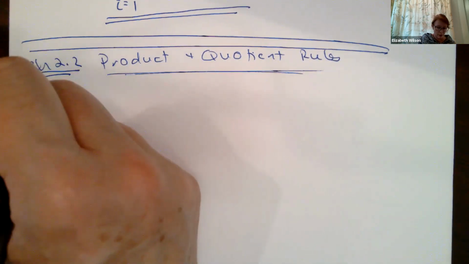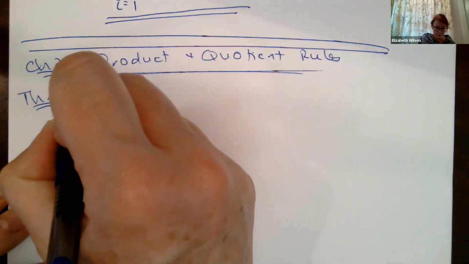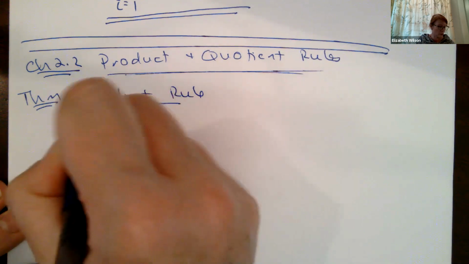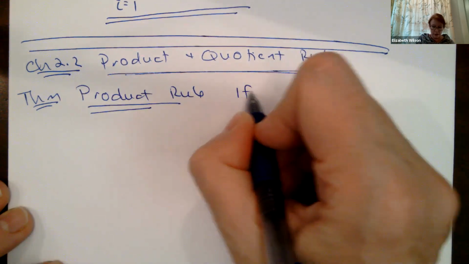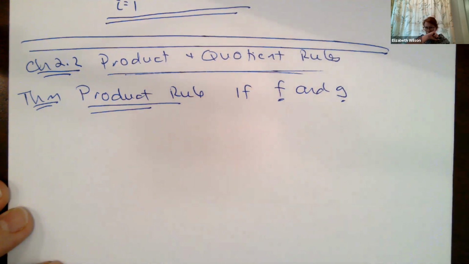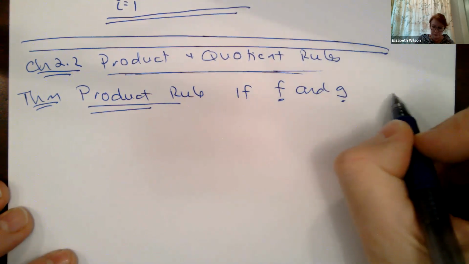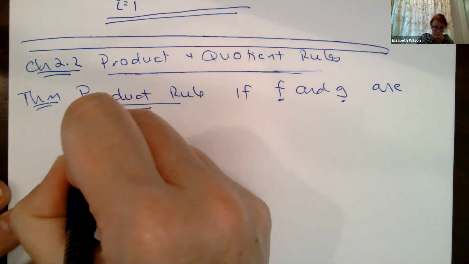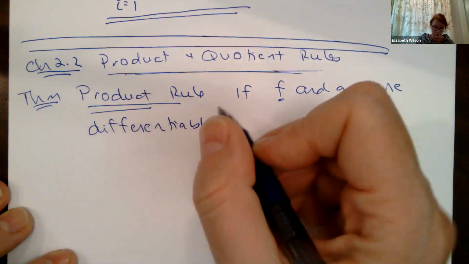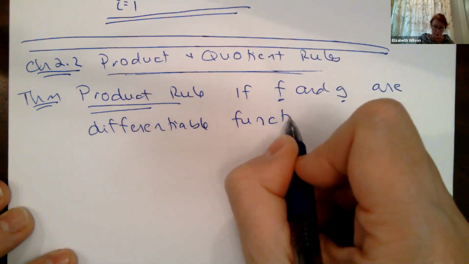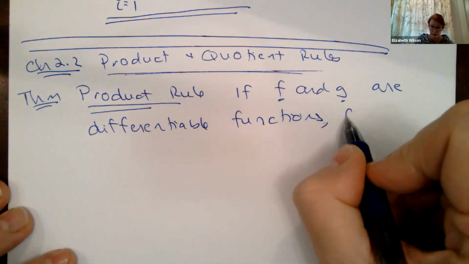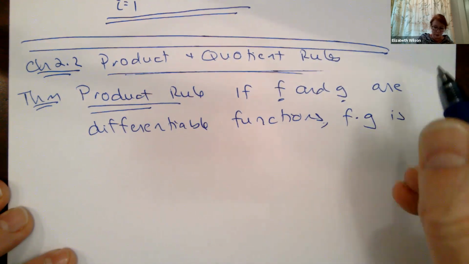Okay, so let's talk about our product rule first. So our product rule says if our functions f and g are differentiable, okay, so in and of themselves, they're differentiable functions, then that means f times g is also differentiable.